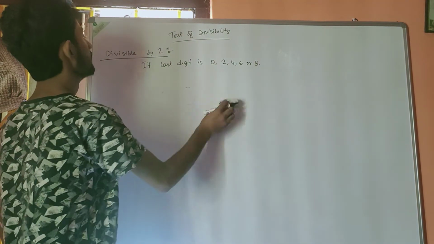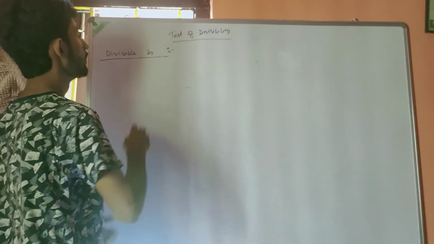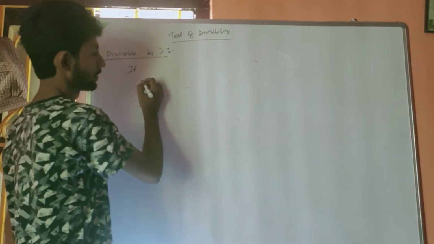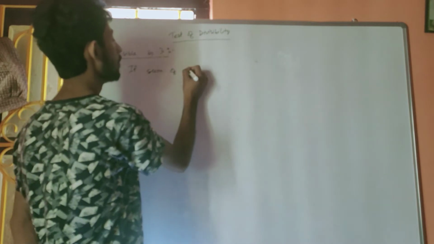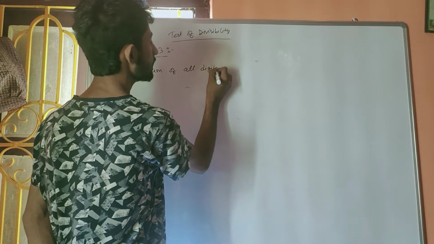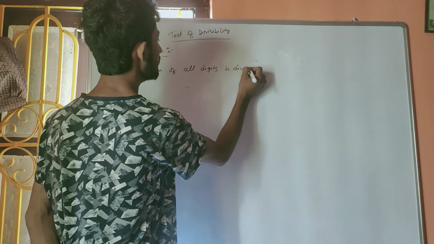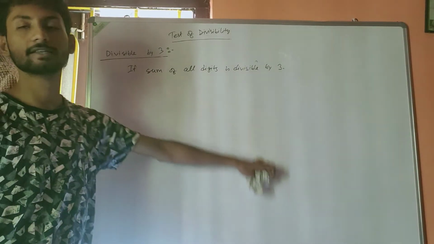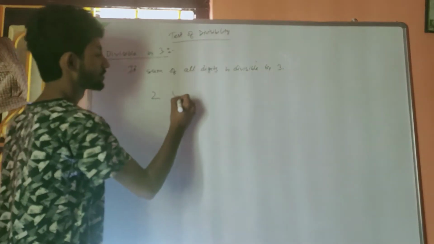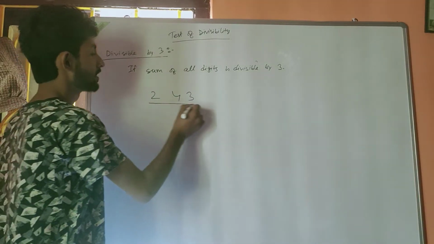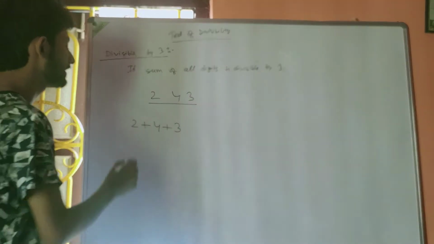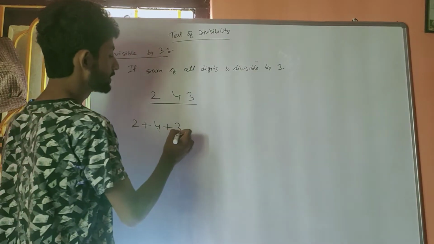Now for divisibility by 3. If the sum of all digits is divisible by 3, then the number is divisible by 3. Whatever number is given, suppose 243, first you have to add all the digits. 2 plus 4 is 6, 6 plus 3 is 9.